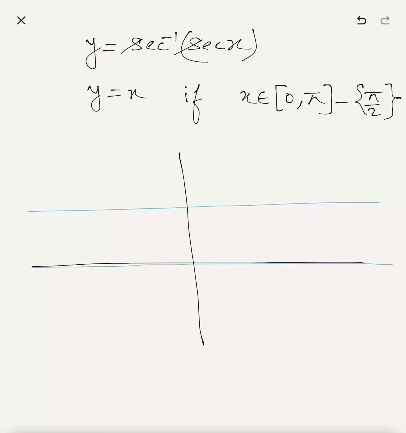Draw the graph of it, it's coming from origin.